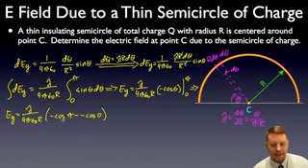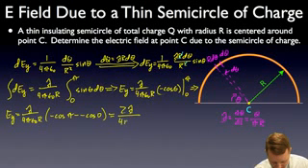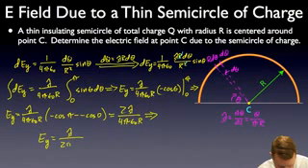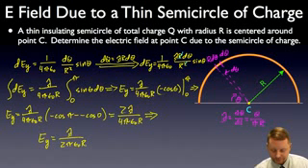Minus cosine pi, negative 1, that's going to be 1, plus 1. So I'm going to come up with 2 lambda over 4 pi epsilon naught times r. Or 2 over 4, that's just 1/2. So the y component of the electric field must be lambda over 2 pi epsilon naught r.